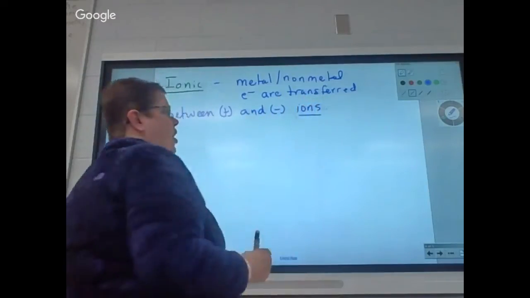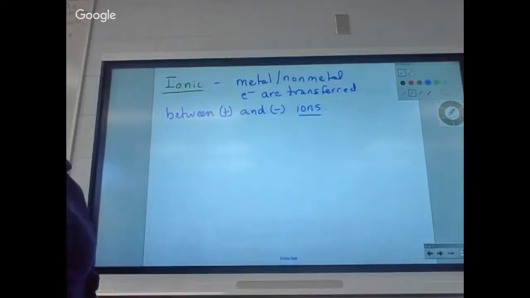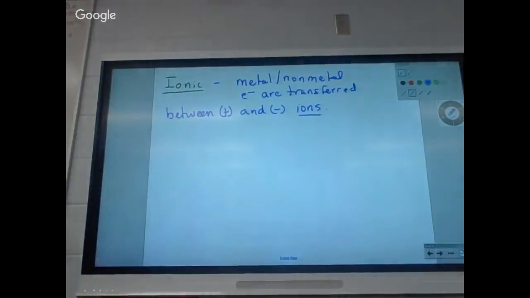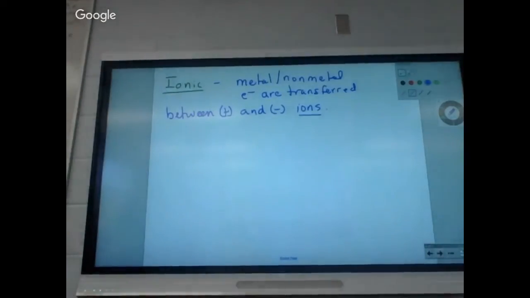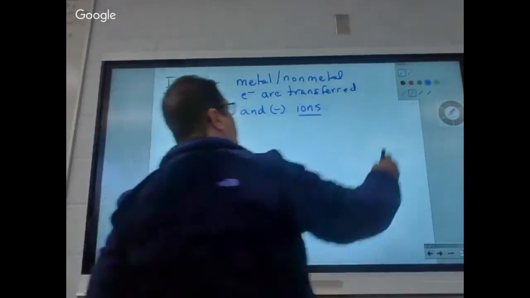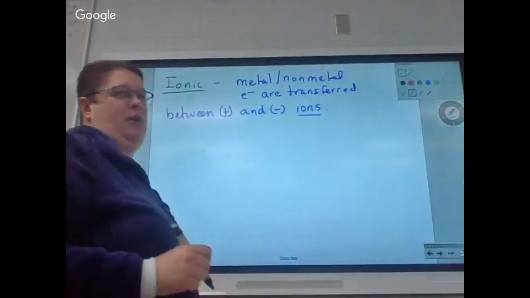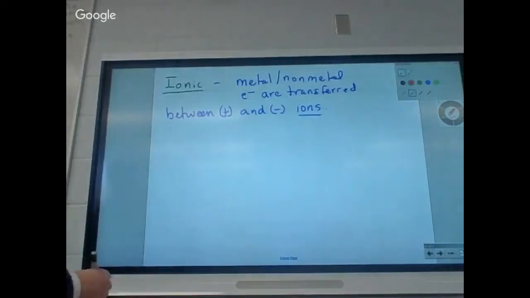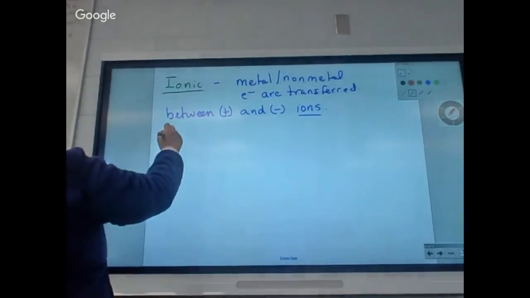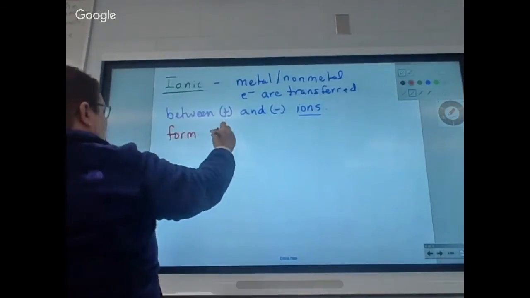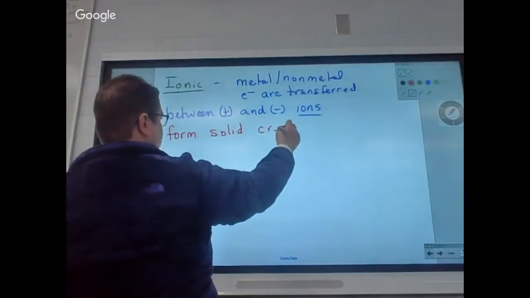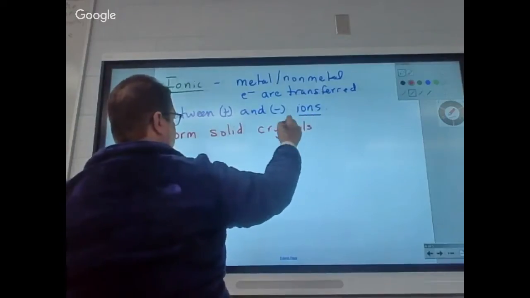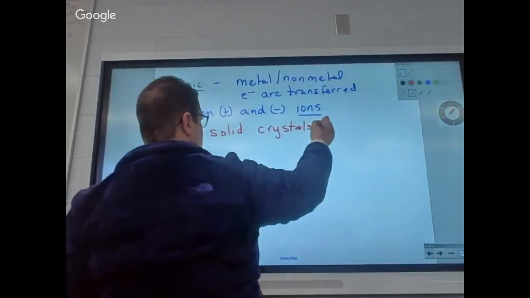All right, that's why it's called an ionic bond. I tried to point that out when we went over the homework, but the word ionic comes from the word ions. So, when we talk about an ionic bond, first of all, and I have to draw a really bad picture here, and I'm sort of sorry, but ionic bonds form solids, form solid crystals. Let me fix my grammar there. Form solid crystals.